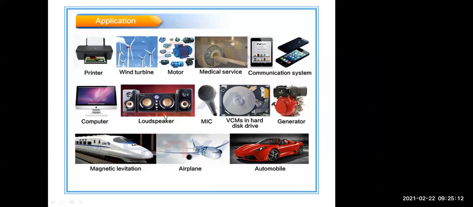The computers, the loudspeakers, the mic, the VCMs in the hard disk drives, which are there in the computer parts. Then you have generators, magnetic levitation, that is the maglev train, the aeroplane, and the automobiles. Everywhere you can see the use of magnets.